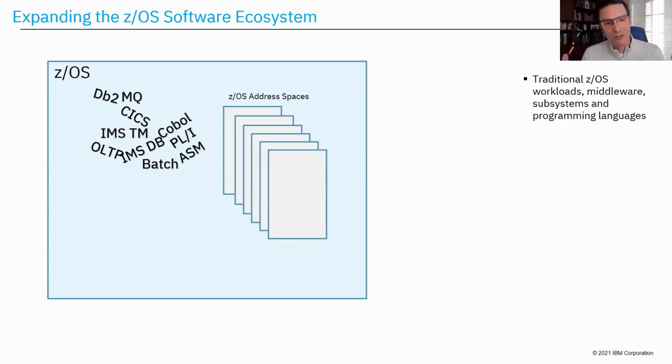And zOS being the system of record for a lot of our enterprises, this is a very important thing. So for many years, we've had COBOL, PL/I, and assembler applications. We have batch programs that are deployed in these middleware infrastructures to be able to run a lot of our workloads.